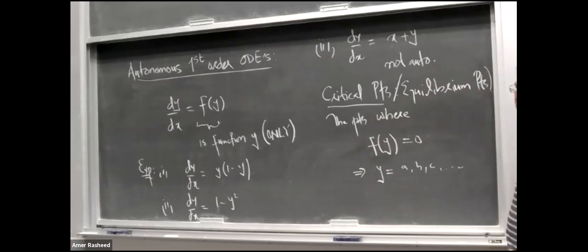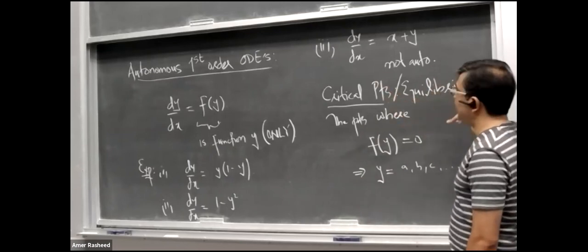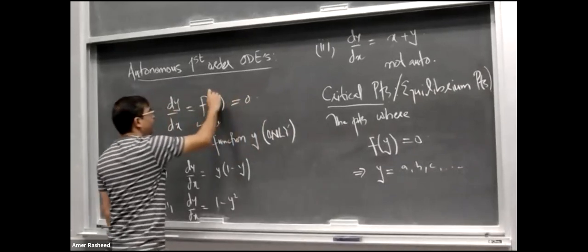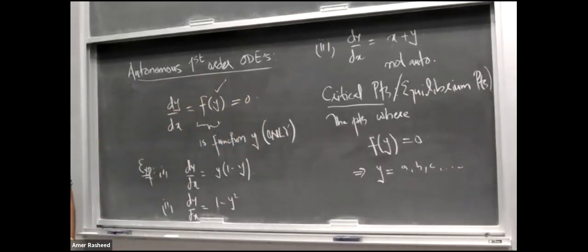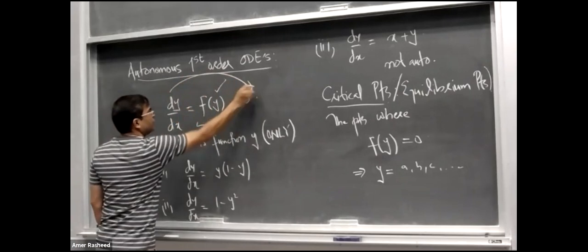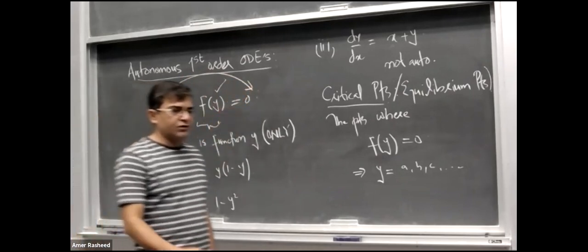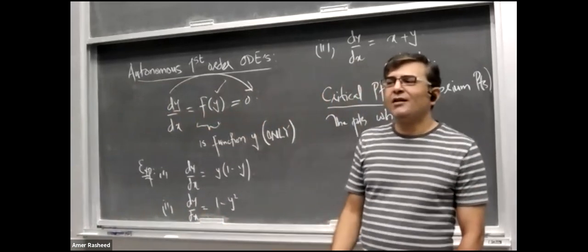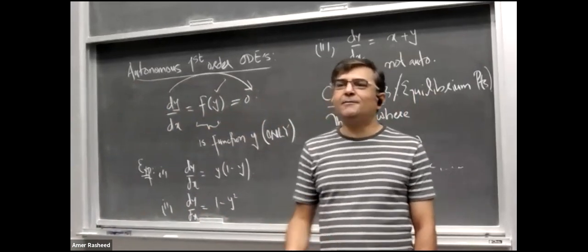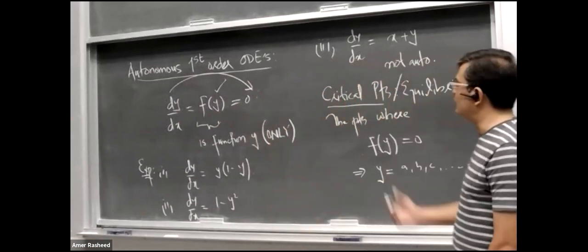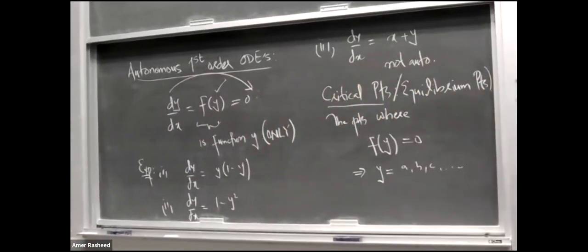In fact, you would have studied these things, singular points, critical points in the calculus 1 course as well. If we put it equal to 0 and find the values of y, in fact, you are putting dy by dx equal to 0. Okay, it's a first derivative. If you put the first derivative equal to 0, then the values of x you find, those are critical points. In calculus 1, you must have studied these things.